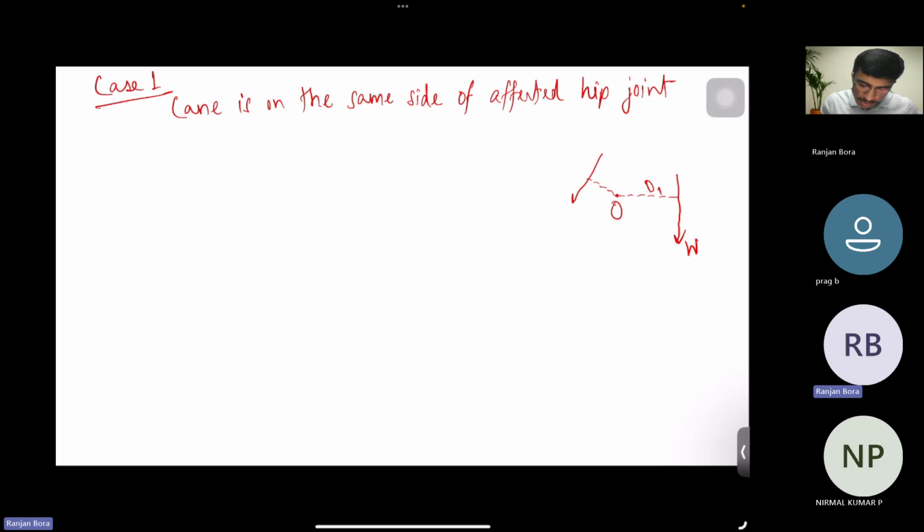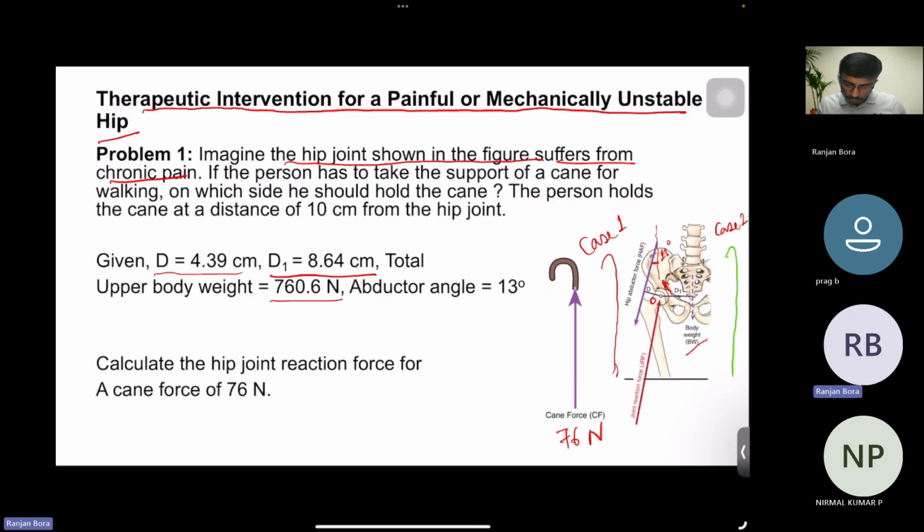Then the abductor muscle force is acting at a distance of D, and he is taking the cane on the same side. So this is the cane, and the cane force is acting. This is acting at a distance. This is given: the person holds the cane at a distance of 10 centimeter from the hip joint.